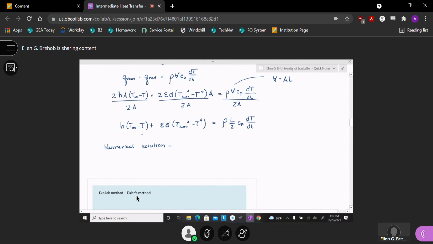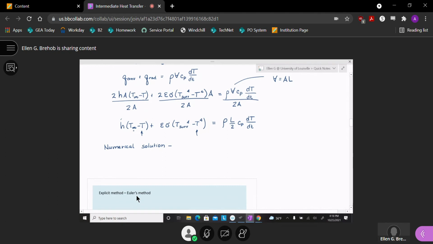So I initially know a temperature, right, for this plate. And if I think through, to me, the easiest way, the one I can think through without any numerical methods is, I take an initial temperature here, and I know everything else. I know this heat transfer coefficient.